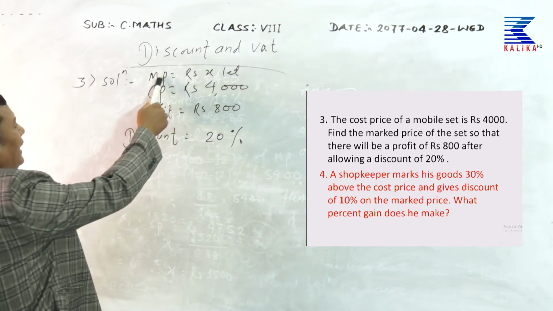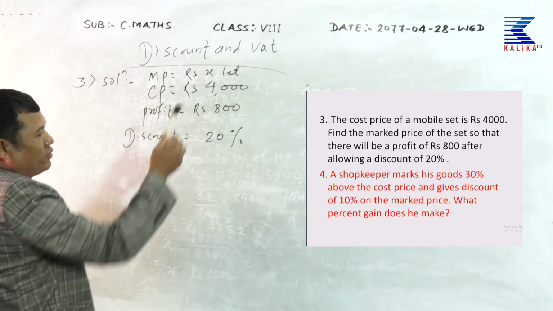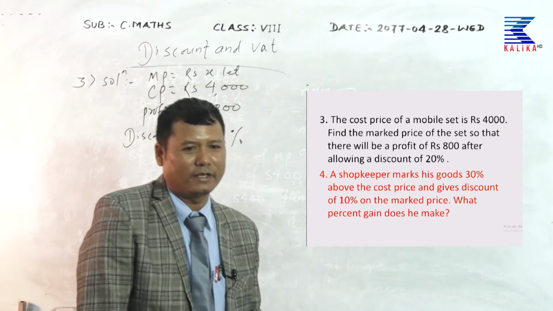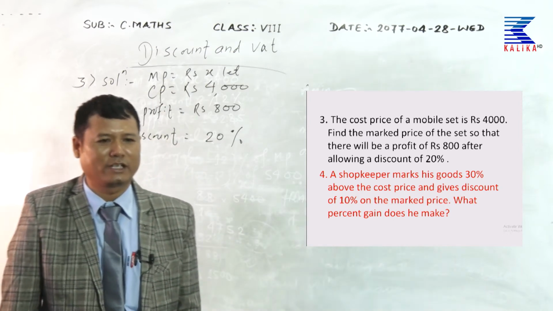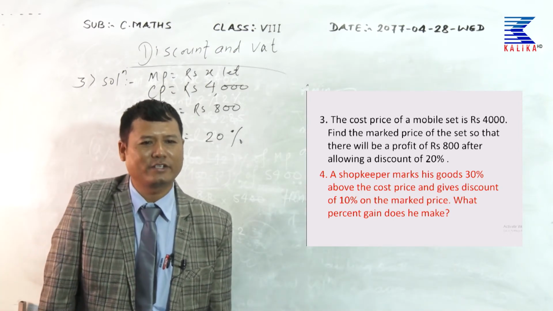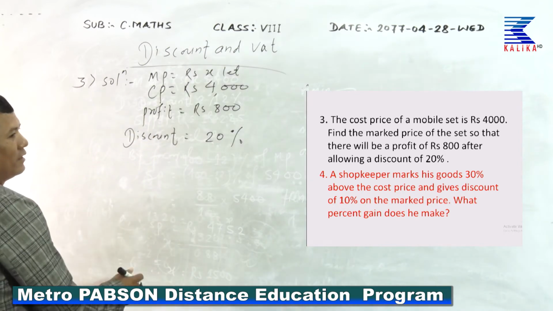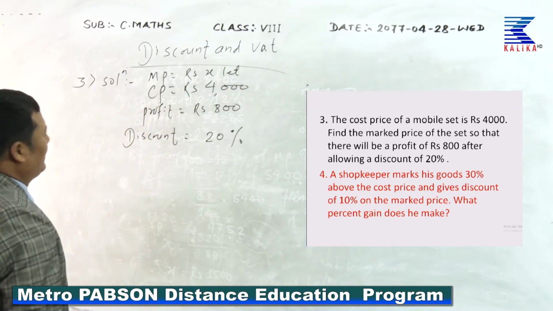MP is unknown. CP is equal to 4000, profit is equal to 800 and discount is equal to 20%. Find the mark price.